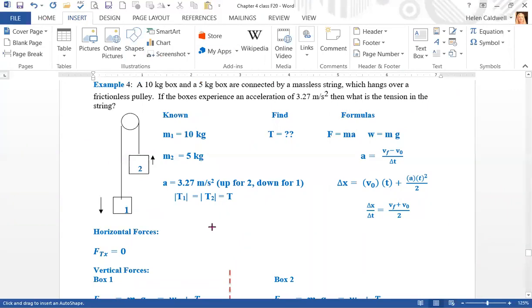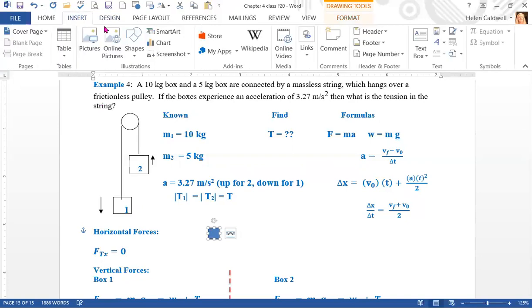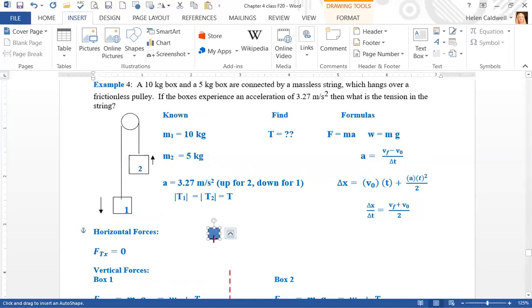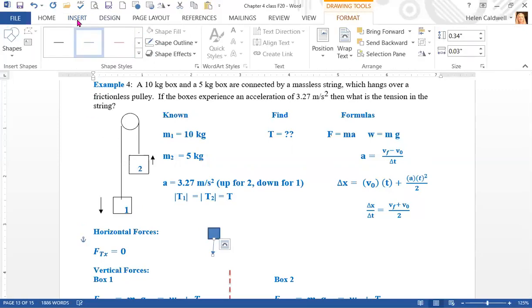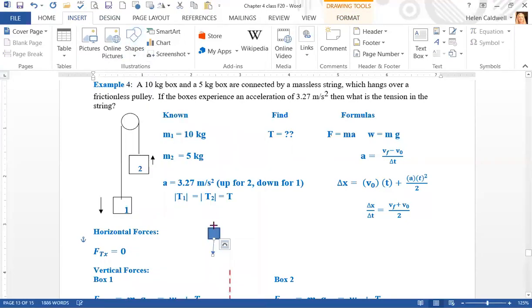So for box 1, I'm going to put it right there. This will be box 1. And then we will have some shapes. So we'll have the weight coming down. It should be straight down. I know my arrow's not straight down. I apologize. In box 2, we have the tension pulling it up, and it should come straight up.